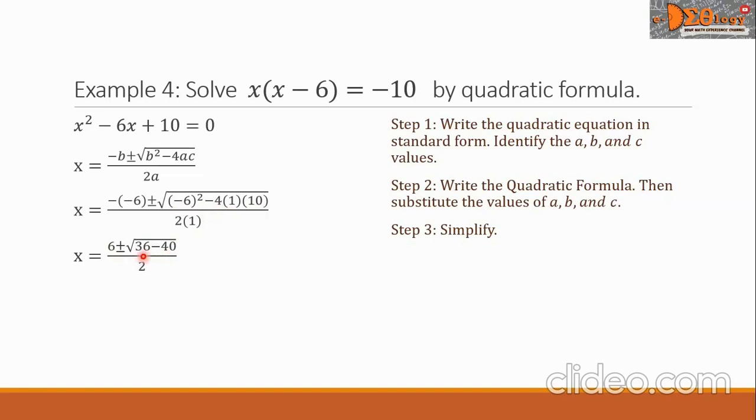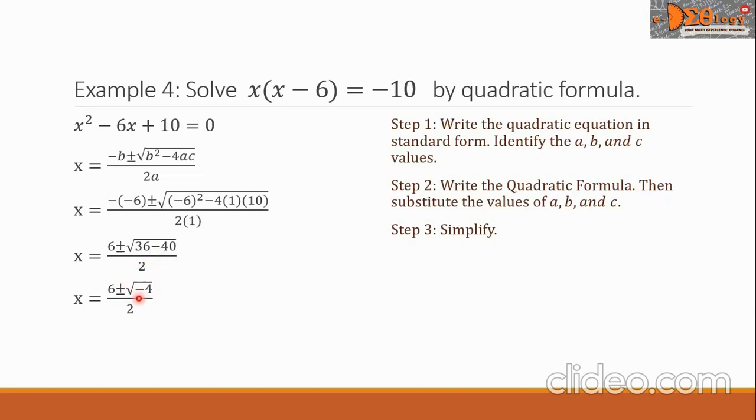So we have here 36 minus 40 inside the radical sign, all over 2 times 1 is 2. To simplify further, the 36 minus 40 is negative 4. So we have a negative value inside the radical sign.